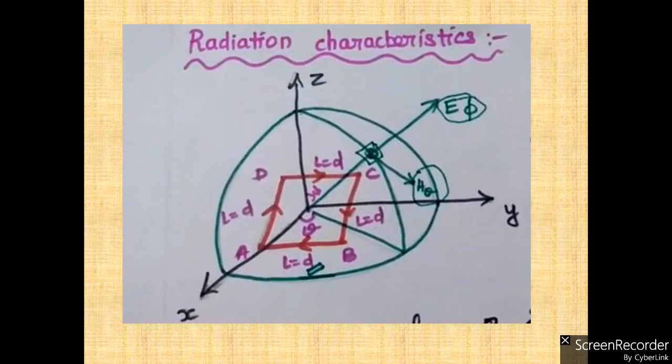And now, in order to calculate the radiation, that is electrical field and the magnetic field parameters of this particular loop, we go with the spherical coordinate system.